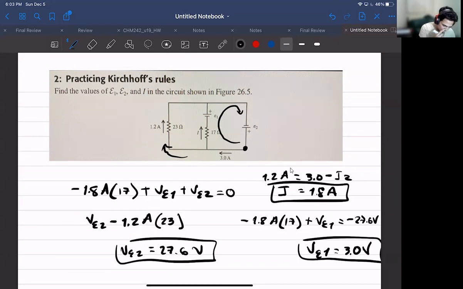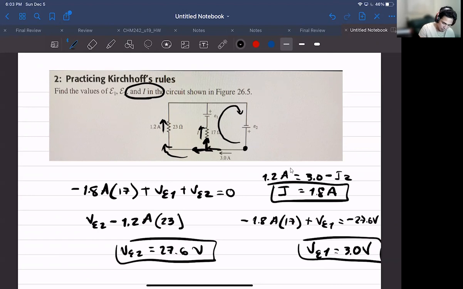First, we see that at this point right here, we have a current of 3.0 amperes going in that direction. Once it gets to the junction, it's going to divide into this current and the 1.2 current. That's simple. In order to find that current, we just know that the parts coming out need to be equal to the one going in, right?